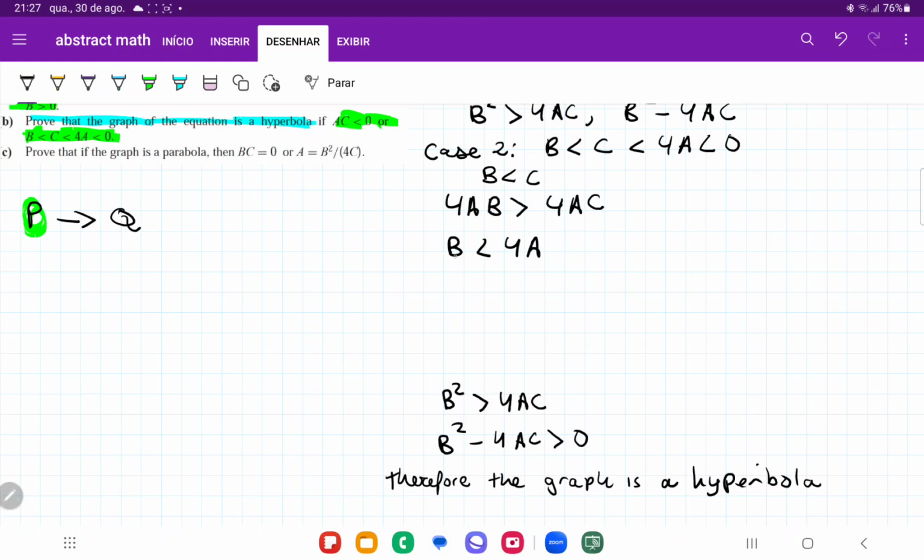So if I multiply everything by B, B is less than 0, so it's going to change the direction of my inequality, right? So I have here that B squared is going to be greater than 4AB. So once I have this, I have that B squared is greater than 4AB, which is greater than 4AC. So I can just cut out the middleman and say that B squared is greater than 4AC.